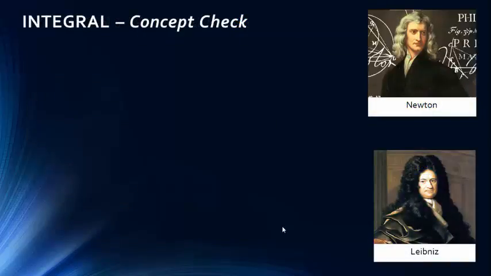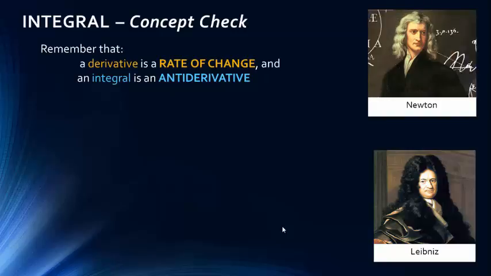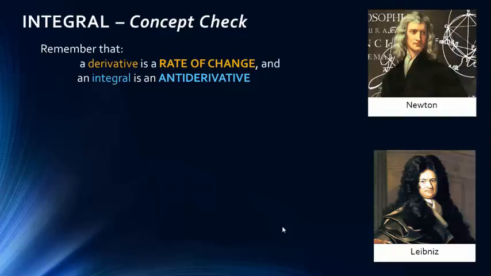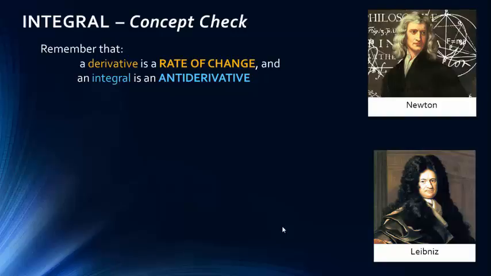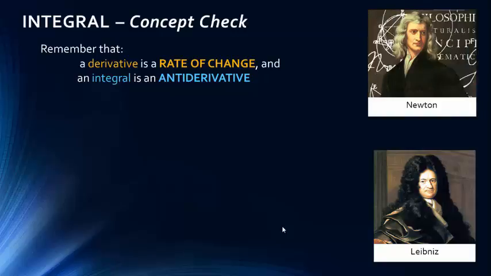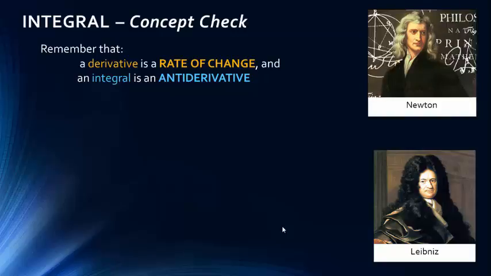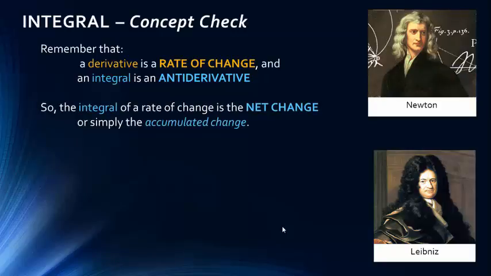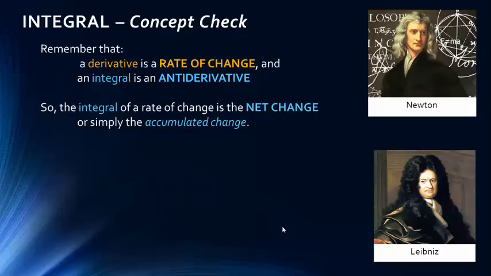Okay, let's just do a little reminder here. A derivative is a rate of change. Okay, we knew that. And the derivative is specifically the instantaneous rate of change. Okay, an integral is also an antiderivative. That's how we first started finding them.